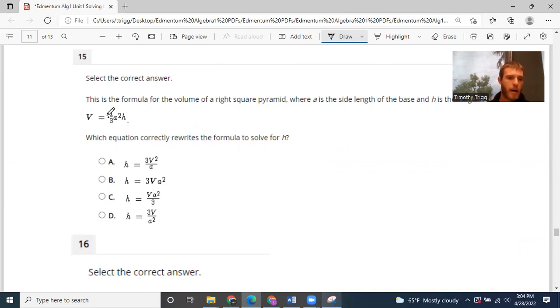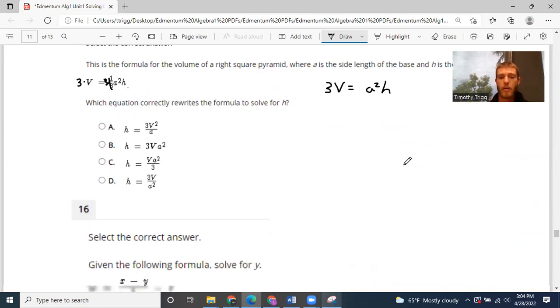Well, we're going to multiply by 3 to get rid of this 1/3. Multiply by 3 on both sides of the equation. 3v equals, this 3 and 1/3 cancel, a squared h. Next, to get h by itself, you're going to divide by a squared.